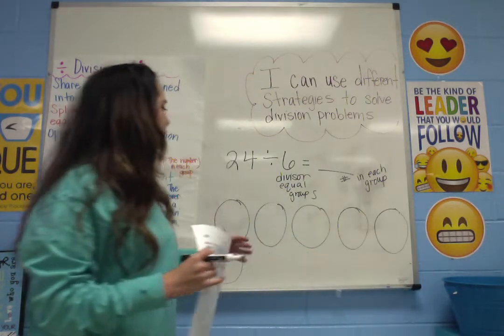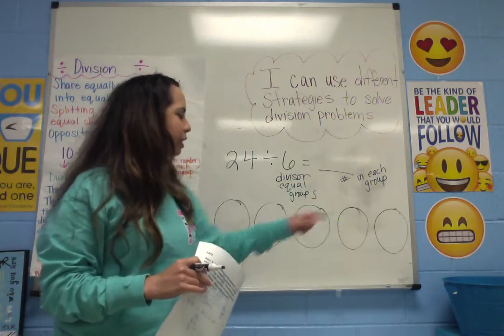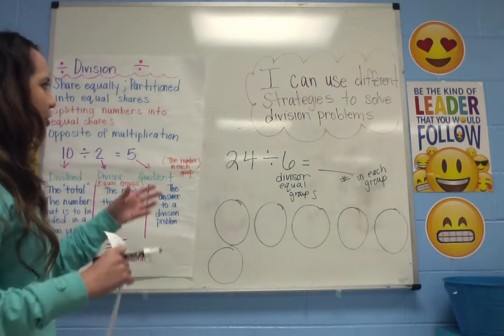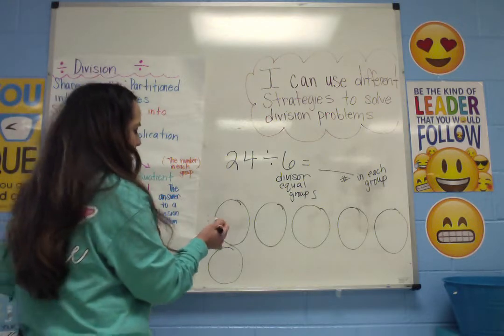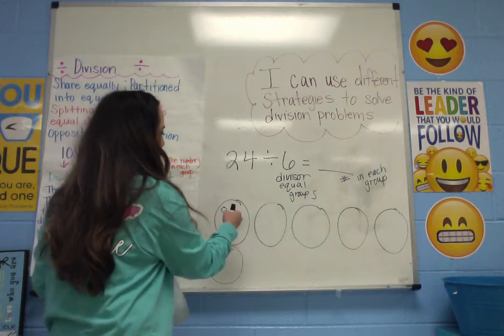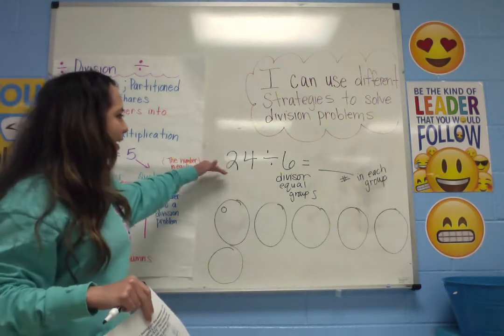All right, so we have our 6 equal groups. Our answer will represent the number in each group. Our total, our dividend is 24. So since we are dividing, we are splitting into equal groups, I'm going to put a smaller circle in each group. And I'm going to put a circle in each group one at a time until I get to 24.